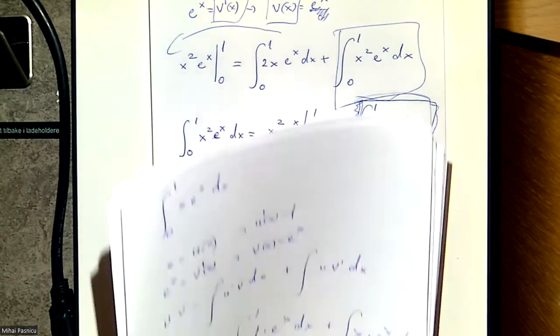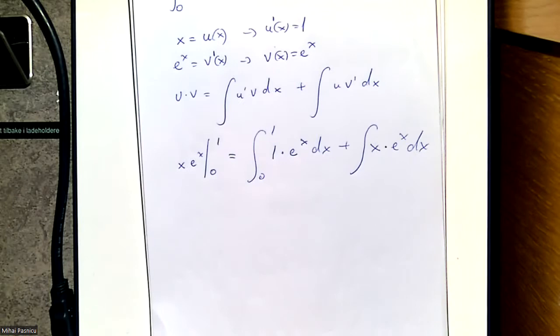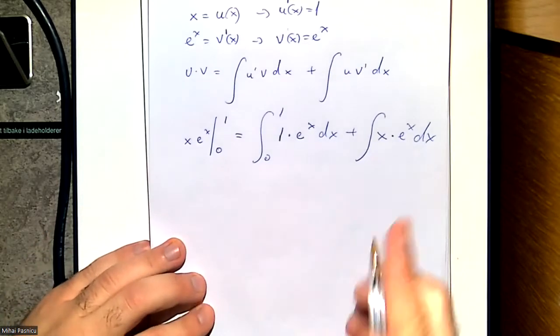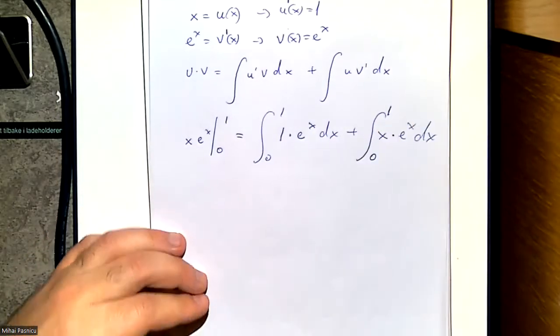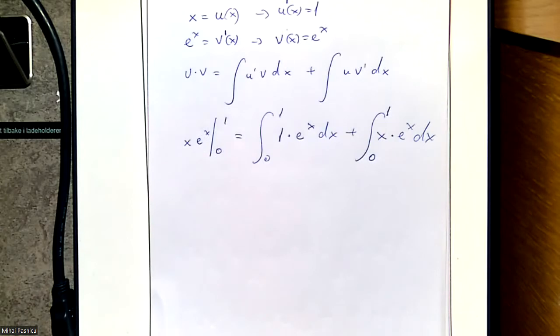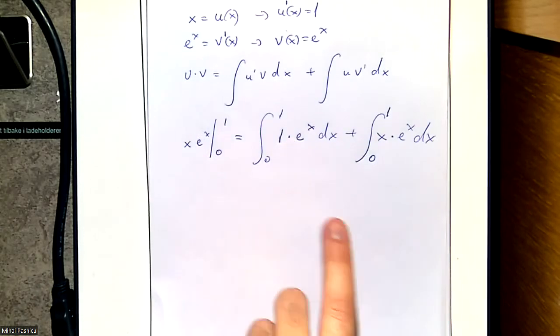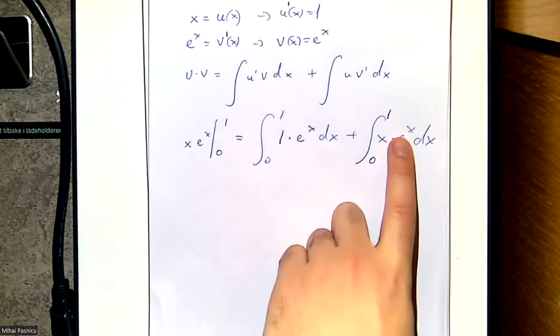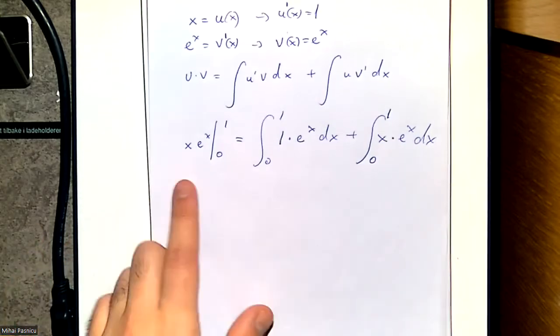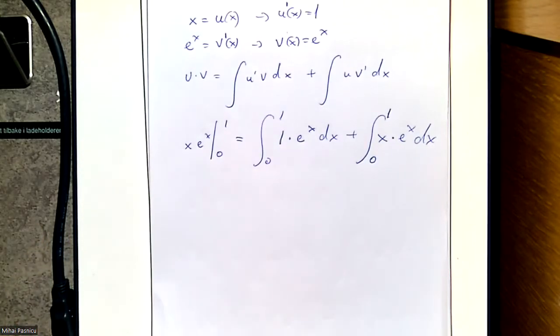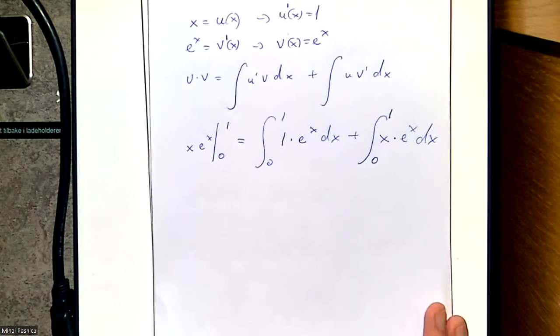Oh yeah, sorry about that. Apologies. Okay, again, 0 to 1. If you need to compute a definite integral, just put 0 to 1. Keep the limits on each of the integrals, and integrate the left hand side.